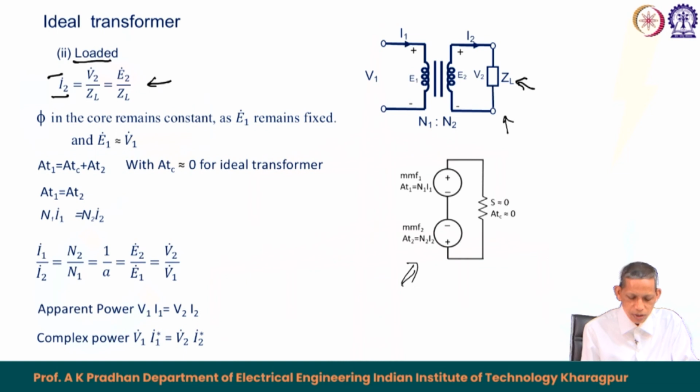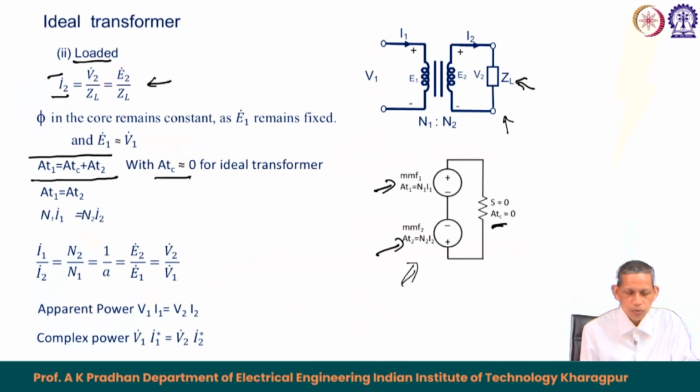So this results in the further relation that the ampere turn in the core plus the ampere turn in the secondary coil equals the ampere turn in the primary. That is, the ampere turn in the primary equals the ampere turn in the secondary plus the ampere turn in the core, but the ampere turn in the core tends to 0.